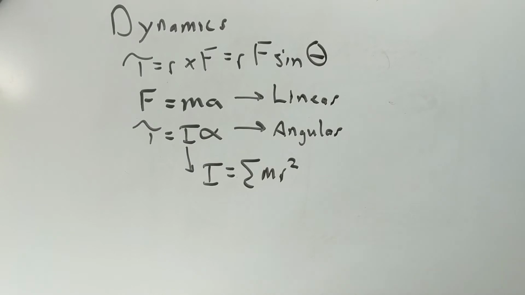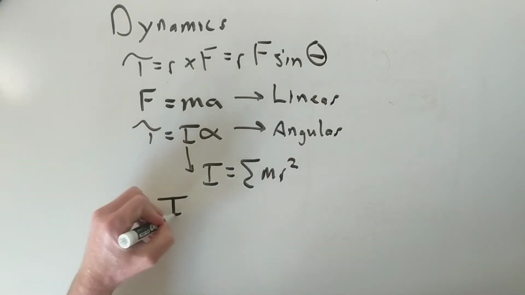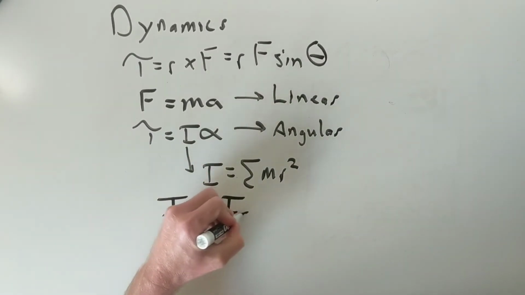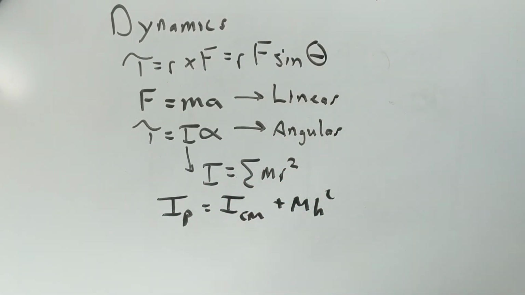And remember, you can program all the stuff in your calculator anyway, plus it's an open note test. So I would just have them known so you can do that as quickly as possible because it is under time. Now, one other thing that comes up with moment of inertia is that the moment of inertia at any point is the moment of inertia at the center of mass plus m h squared, where h is how far you move it over.